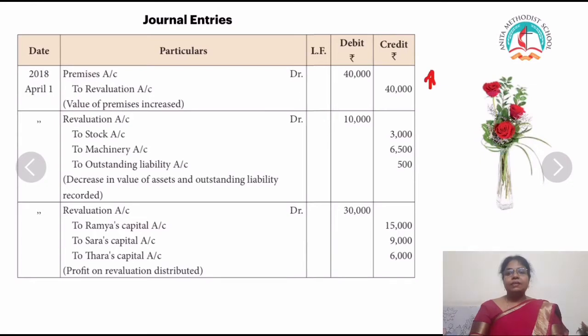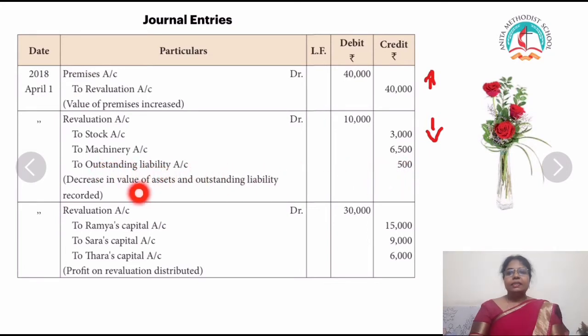And the second one is decrease in the value of the assets, and there is an outstanding liability to be recorded. So revaluation account debit to stock decreased by 3,000, to machinery 6,500 and outstanding liability 500.